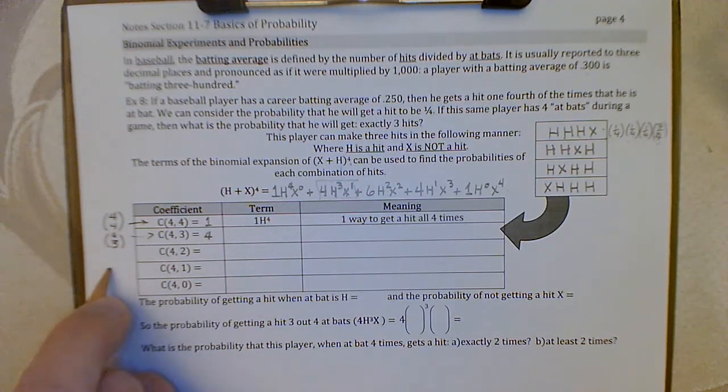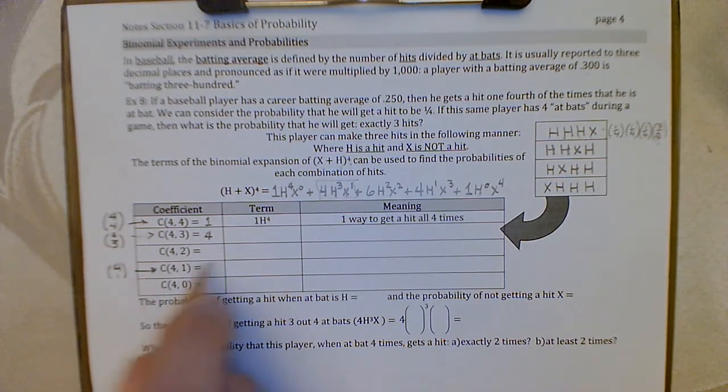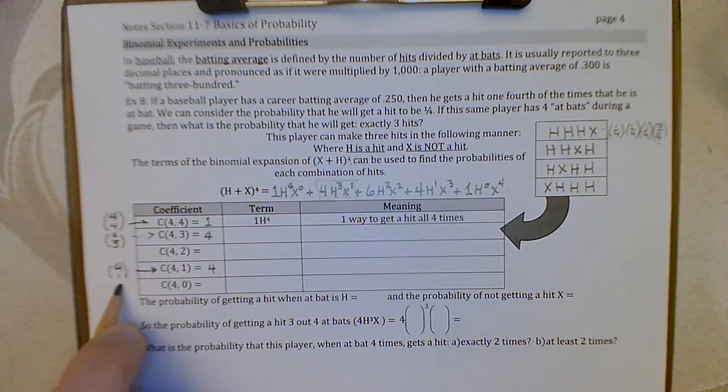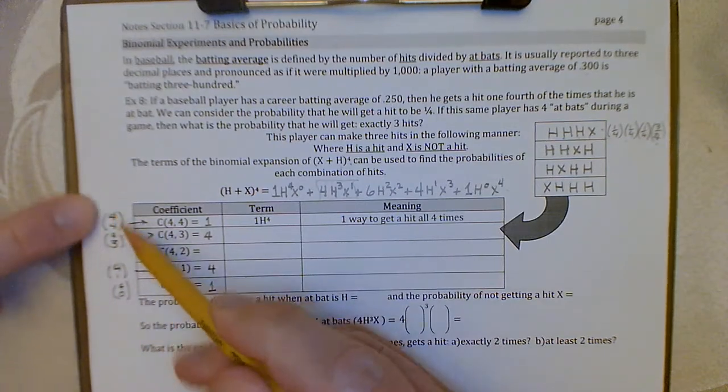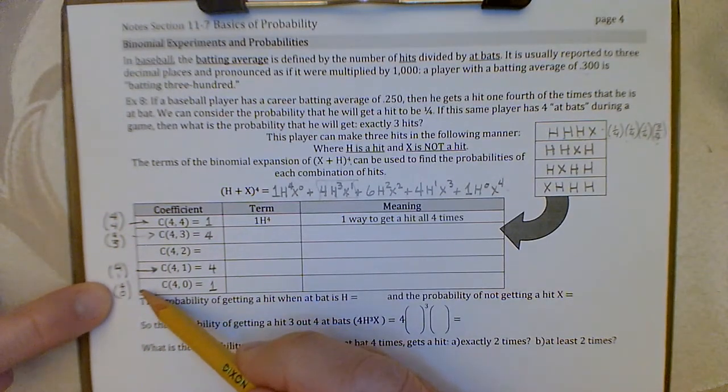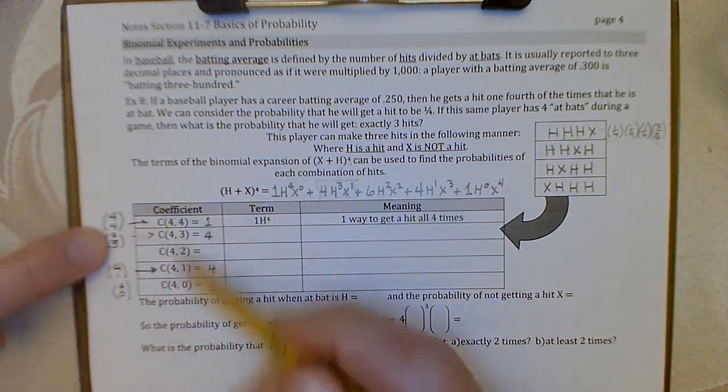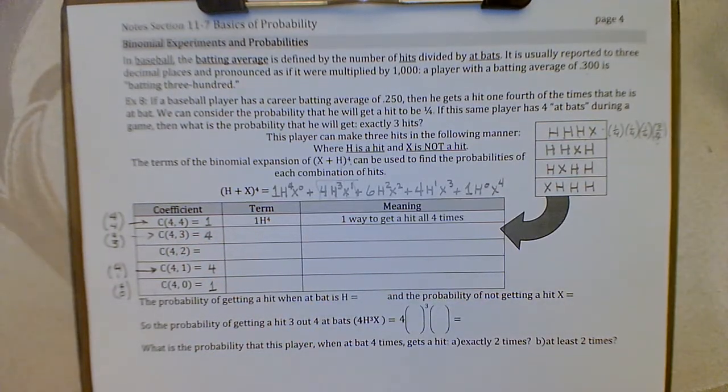Again, there's symmetry here. Down here, the combination of 4 choose 1, that is also 4. And then the last one, combination of 4 choose 0, and that is 1 as well. Usually these are in reverse. We start with a combination of 4 choose 0 at the beginning, but they're symmetric, so it doesn't really matter.